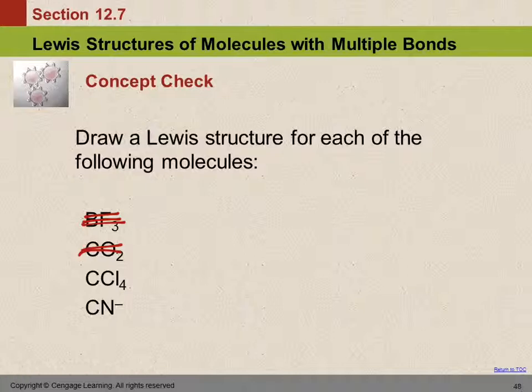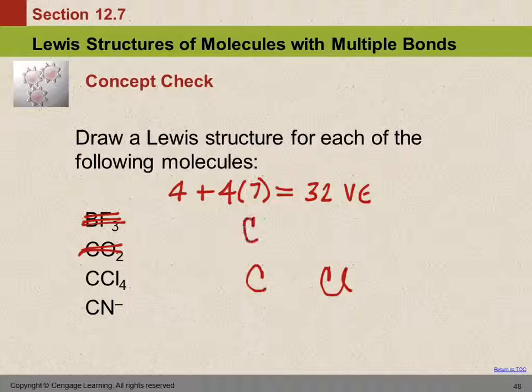I have to revise these slides. So carbon has how many valence electrons? 4. There's 1 carbon. There are 4 chlorines, and they each have 7. So we have 32, right? We'll put the carbon in the middle and the chlorines around it.